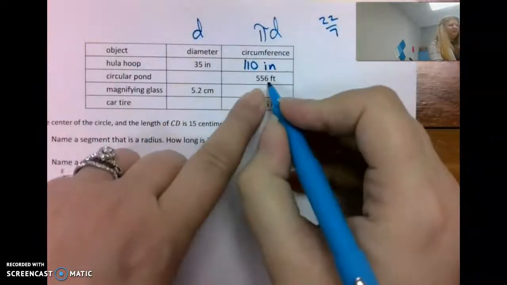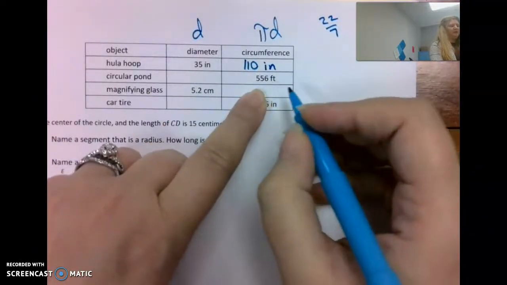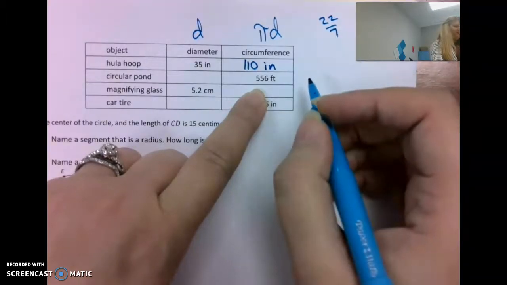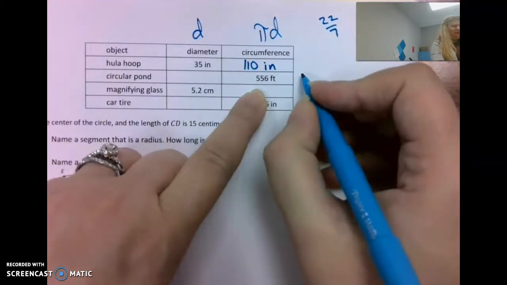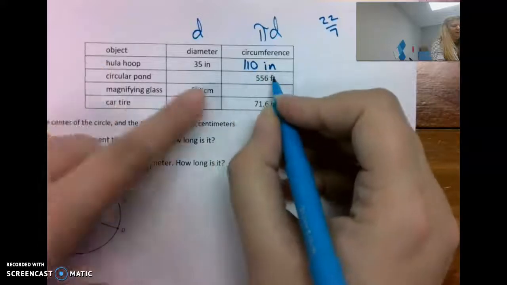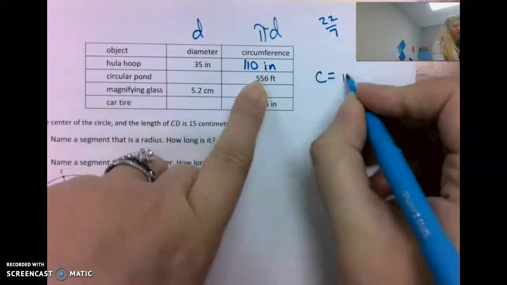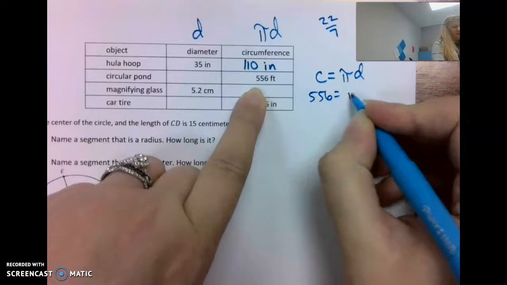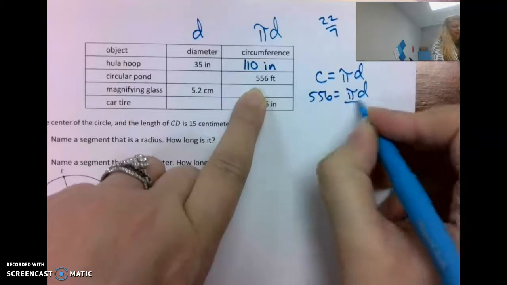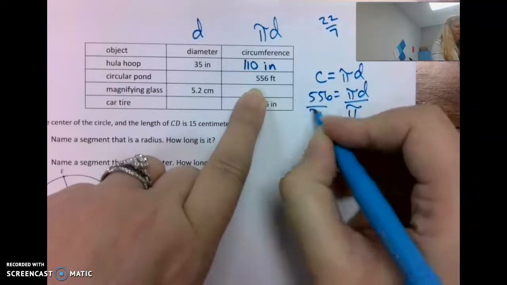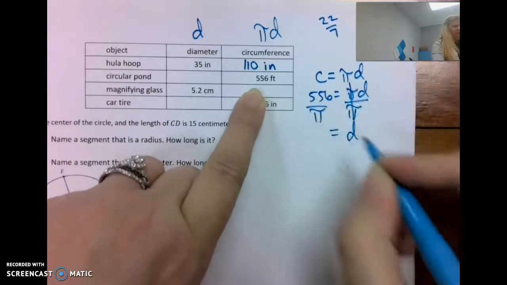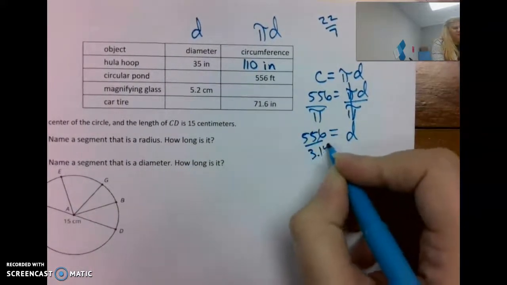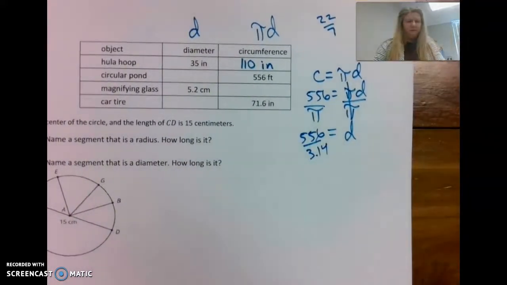So 556, I'm not sure if that works well with 22 over 7. I think what I'm going to do, in order to go from circumference to diameter, thinking about this like an equation, I'm going to need to divide by pi. So I think I'll divide by 3.14 and just see what happens.